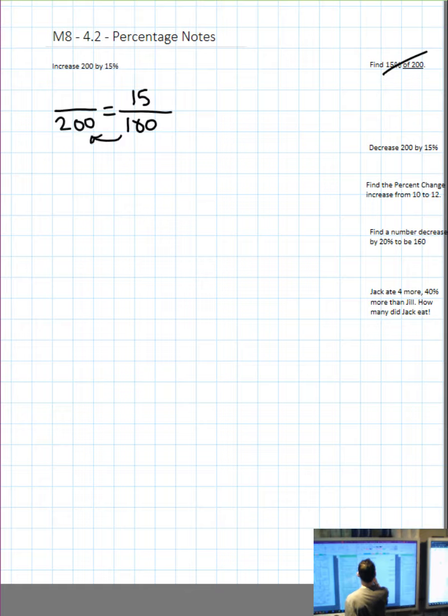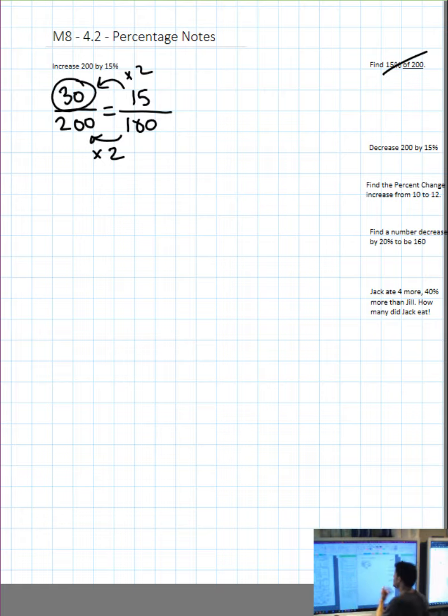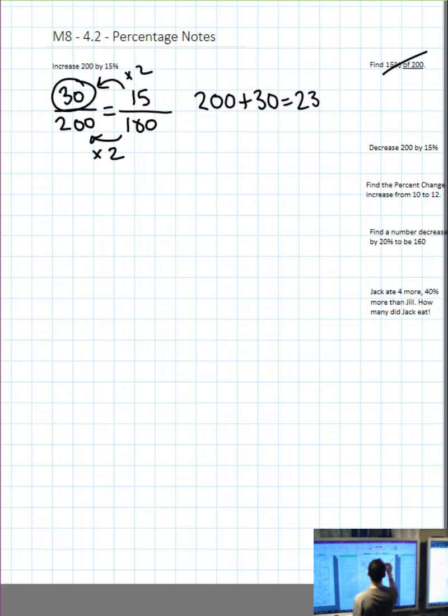Now, to get from 100 to 200, we times by 2, and to get from 15, we times by 2, and we get 30. So we know that 30 is 15% of 200. Now, we can just simply take the 200 and add 30 to get 230. That's one way.